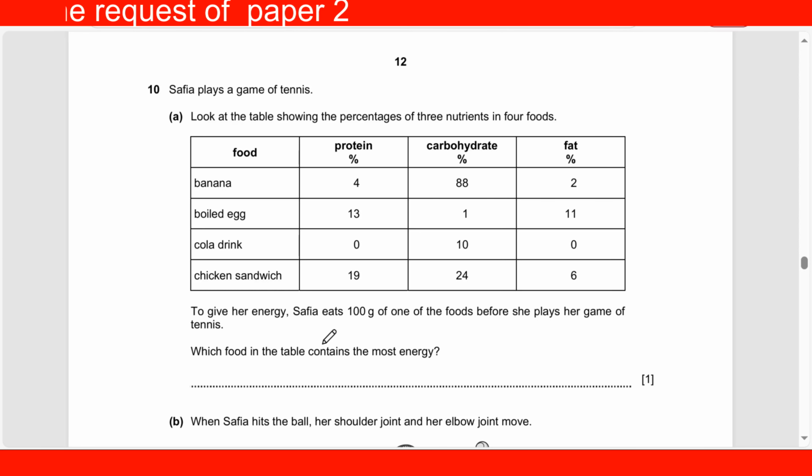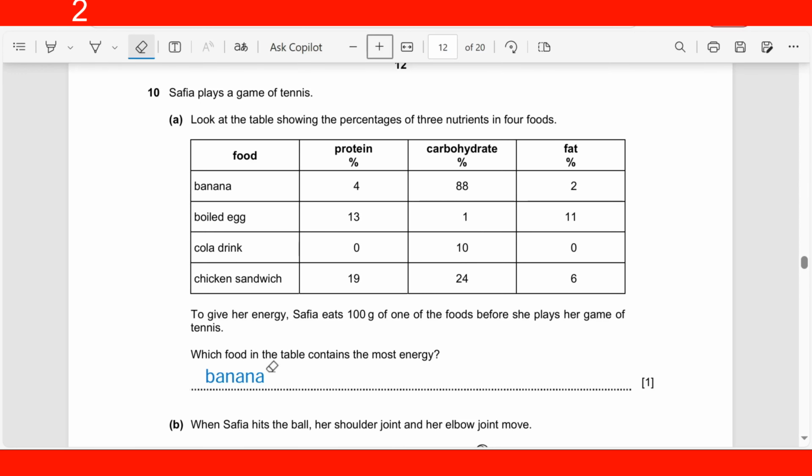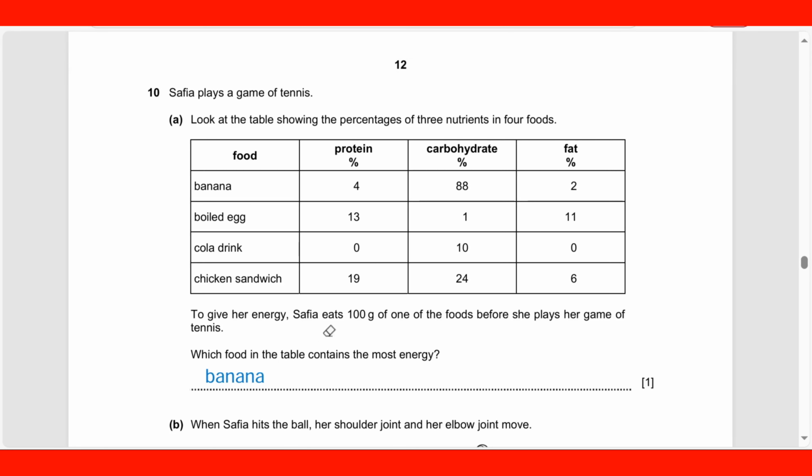Which food in the table contains the most energy? Well, the answer is banana here, because it has the highest percentage of carbohydrate.